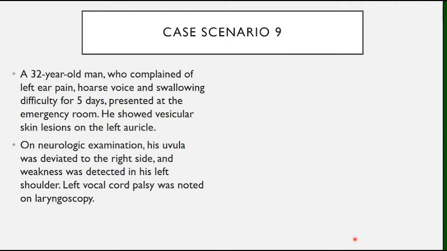On neurological exam, his uvula was deviated to the right side, so the lesion is on the left, and weakness was detected in his left shoulder, so spinal accessory nerve on the left. Left vocal cord palsy was noted on laryngoscopy. So here we have involvement of the glossopharyngeal, the spinal accessory nerve, and the vagus.